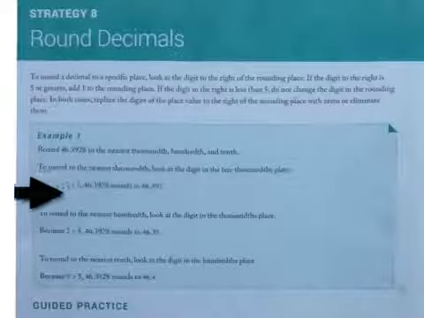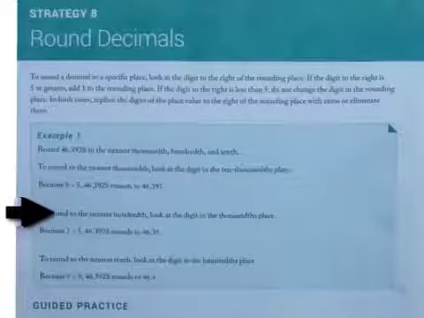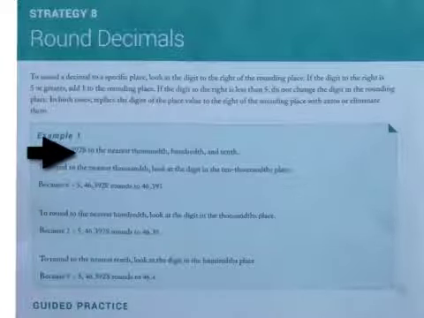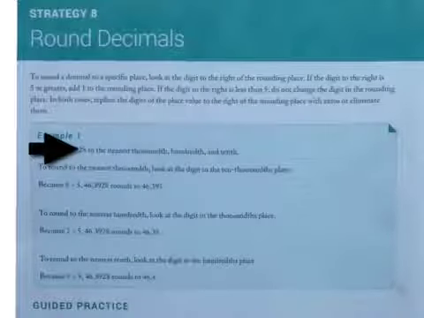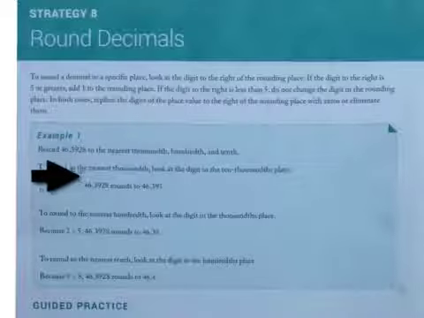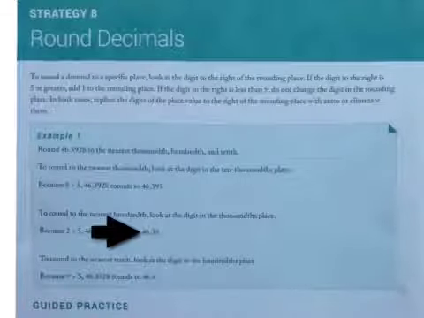Nothing past it. So it says here to round to the nearest 100th. It says look at the digit in the 1,000th place. And so here's our 1,000th place. It is a 2, and the 2 is less than 5, and so this rounds to 46.39.